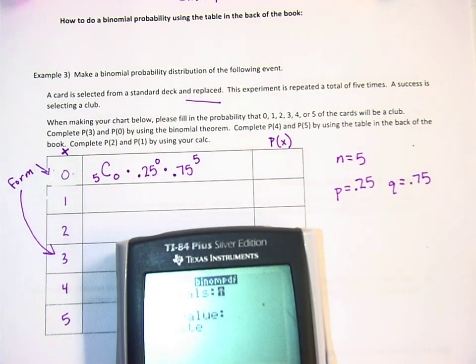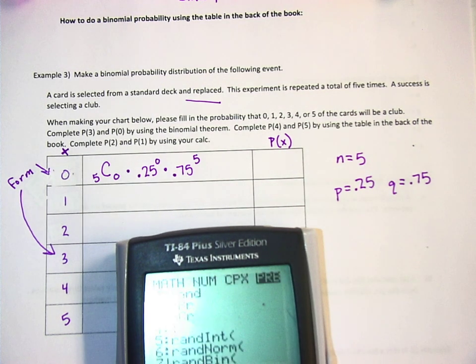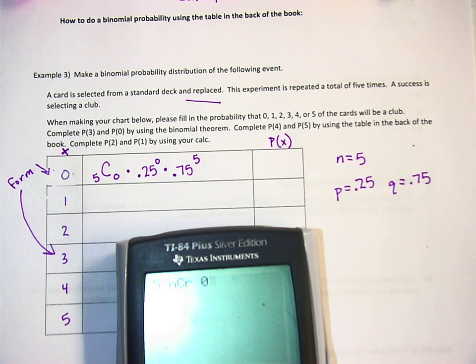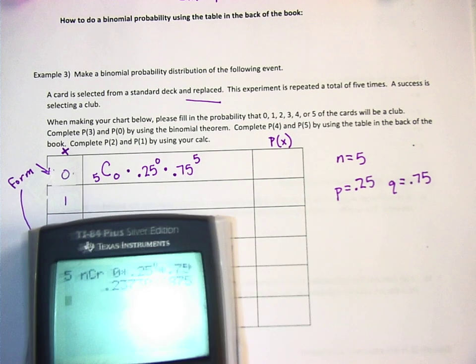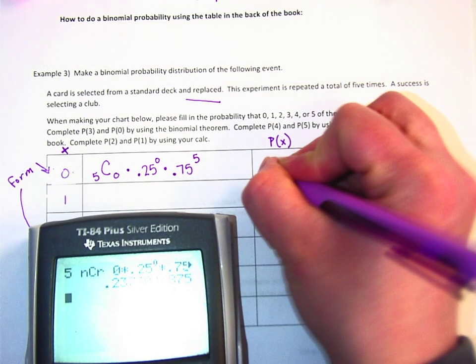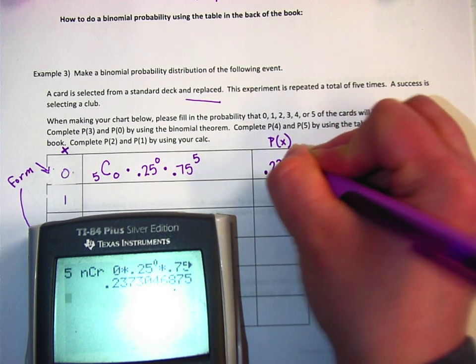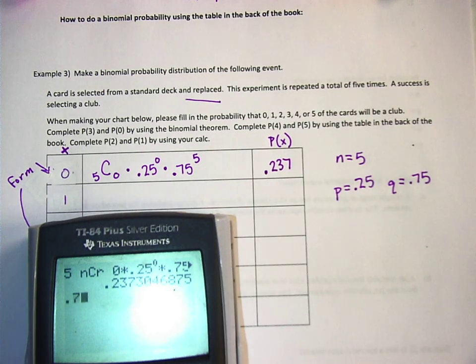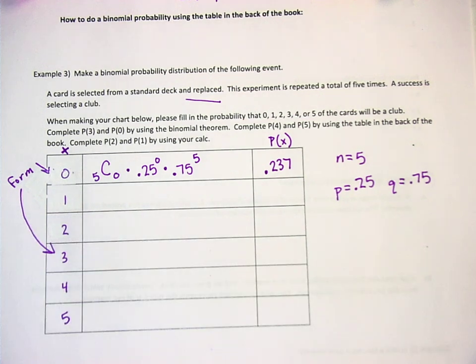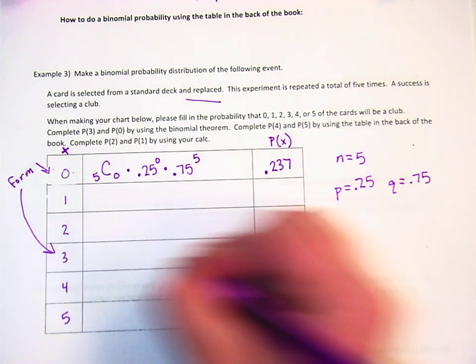If I put that in my calculator, I can write 5 math probability choose 0 times 0.25 to the power of 0 times 0.75 to the power of 5. So the probability that you will get 0 clubs is 0.237, which also should be 0.75 to the power of 5.